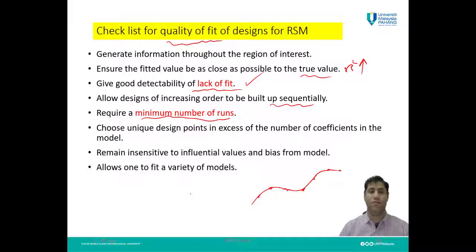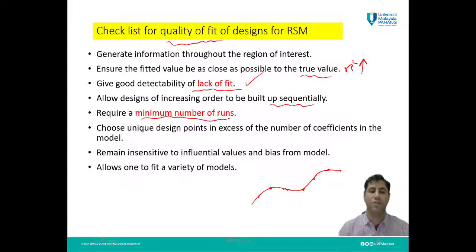For example, you have temperature, pressure, you need to again set temperature and pressure and run experiments and measure the response. So a minimum number of runs is another target, and you need to check if you already have a minimum number of runs or not.